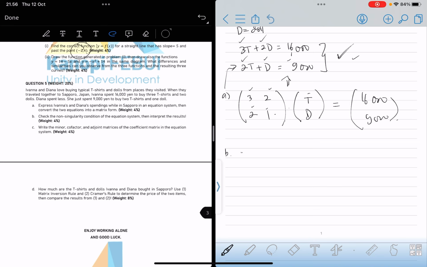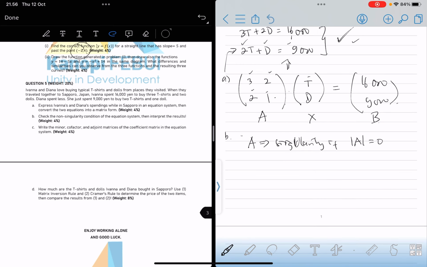So for example, if this one is A, this one is X, and this one is B, then A is called singular if the determinant of A is 0. So we can try to solve the determinant of A.